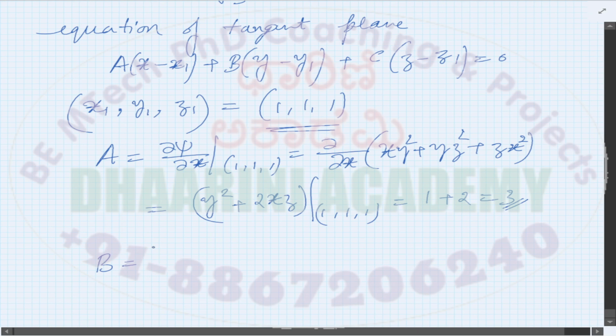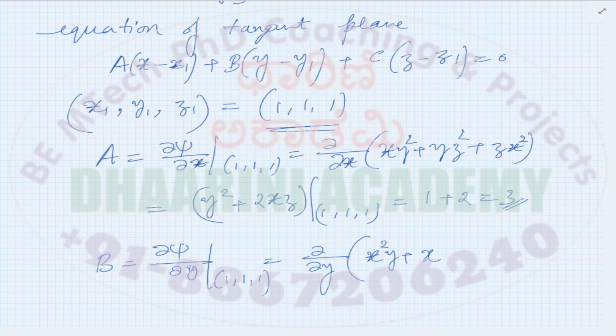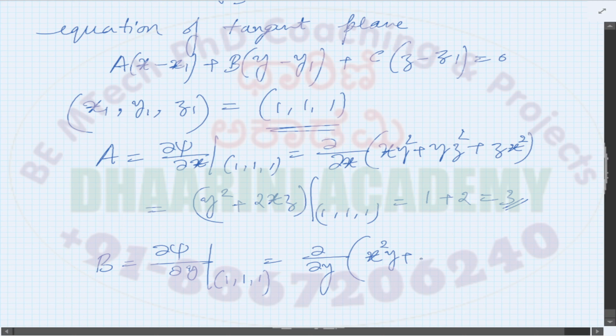B is equal to the dou psi by dou y at 1 comma 1 comma 1. So that is nothing but dou by dou y of the same function, x square y plus y z square plus z x square.